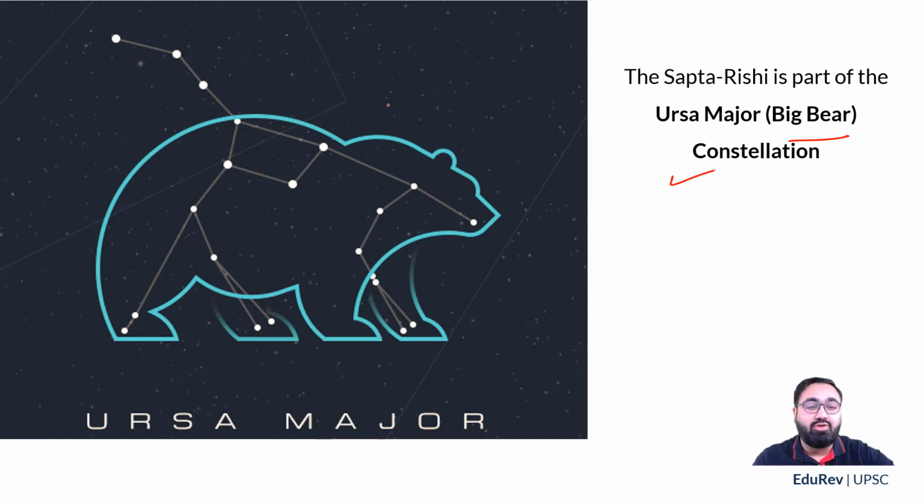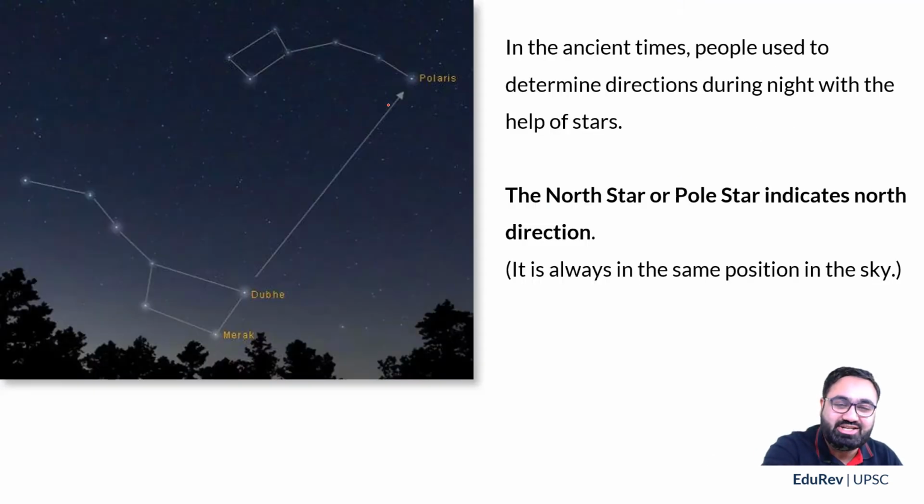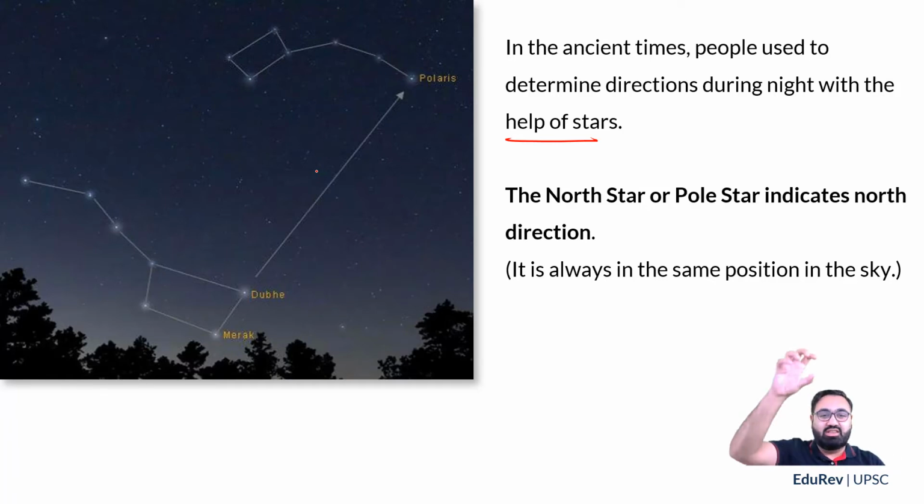Now, if you live in a city where you fortunately don't have much pollution, you have a clear sky, it is not that difficult to actually see and make out certain constellations in the sky. In ancient times, in fact, people used these constellations to know the directions during the night with the help of the stars. The pole star, as we call it, is constant in the sky.